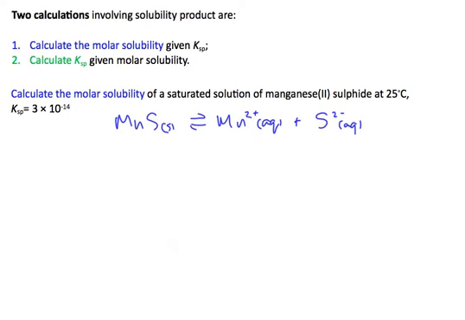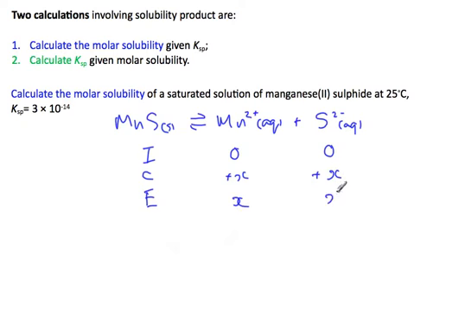There's our dissociation equation, and what you can do here is also an ICE table. These ICE tables are pretty simple, and you won't necessarily have to follow them through too far, but let's do one anyway. We're looking for the concentrations of these 2 ions, which give us the molar solubility. Before we add any solid to the liquid, the concentration is 0. The change is plus X for manganese and plus X for the sulfide ion.